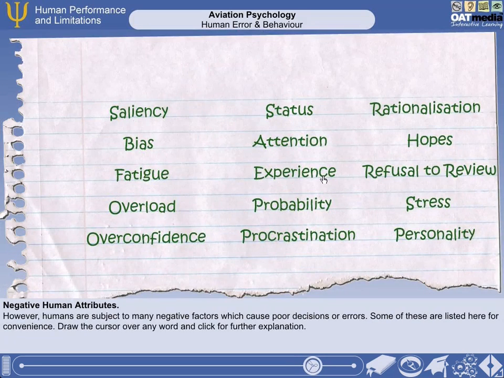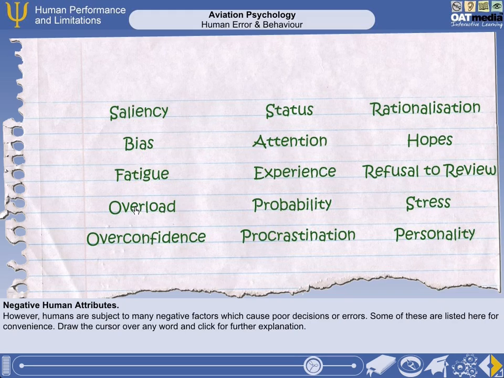However, humans are subject to many negative factors which cause poor decisions or errors. Some of these are listed here for convenience. Draw the cursor over any word and click for further explanation. Saliency, less obvious cues may be overlooked. Bias, seeking confirmation for a hypothesis.